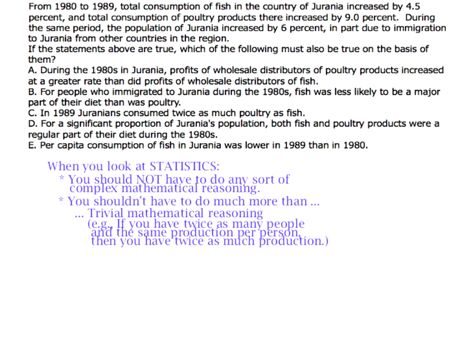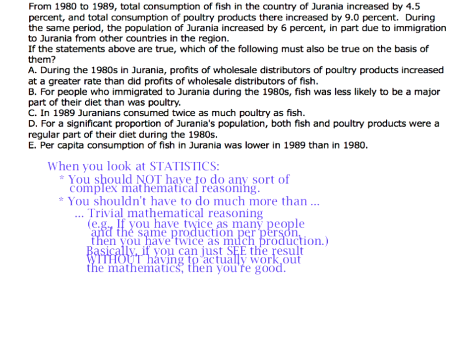I mean, that's not very hard. This is more common sense than it is mathematical reasoning. That's the most math you should ever have to do. It's math that you can do without even doing math. That's a good way to say it. If you can just see the result without having to actually do out the mathematics, then you're good. If you actually have to work out something algebraic in order to see this, then that is trouble.